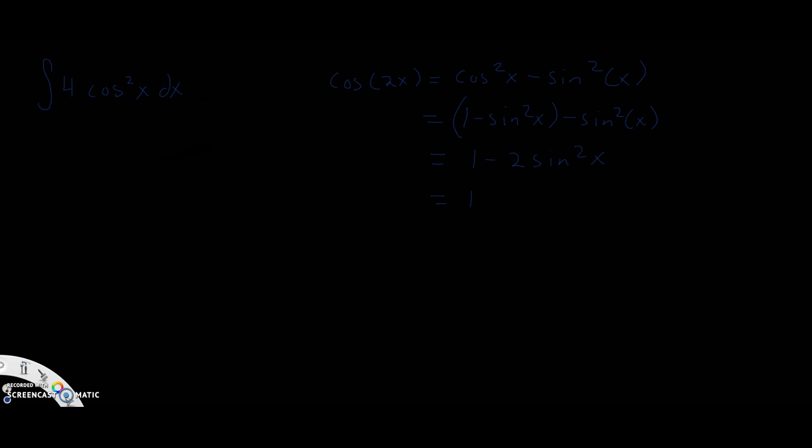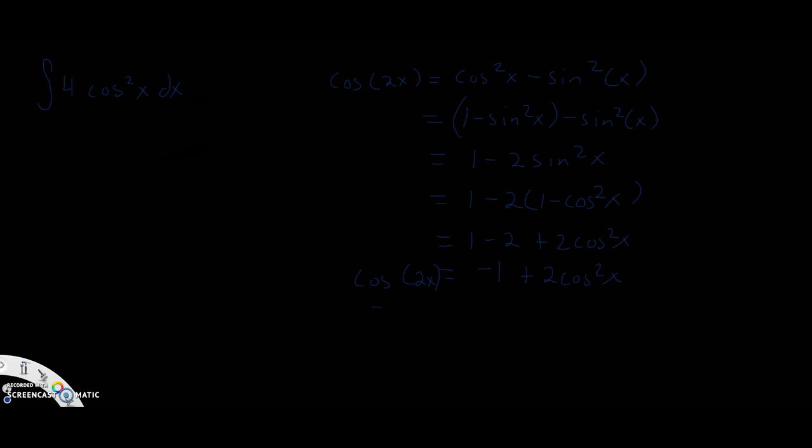The same thing is going to be equal to 1 minus 2 times the same thing as sine squared, which is 1 minus cosine squared, because sine squared plus cosine squared equals 1. So now you're going to get 1 minus 2 plus 2 cosine squared x, which is going to equal negative 1 plus 2 cosine squared x. And now let me just write this down, the cosine of 2x.